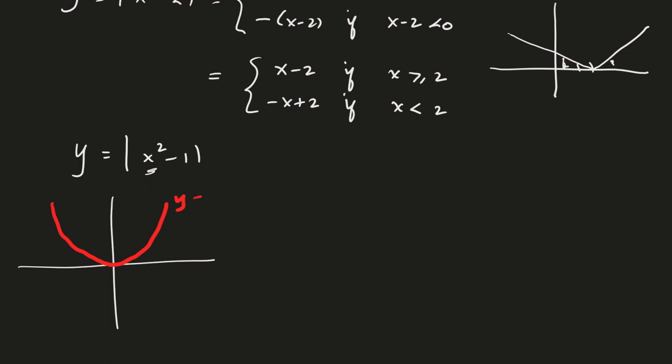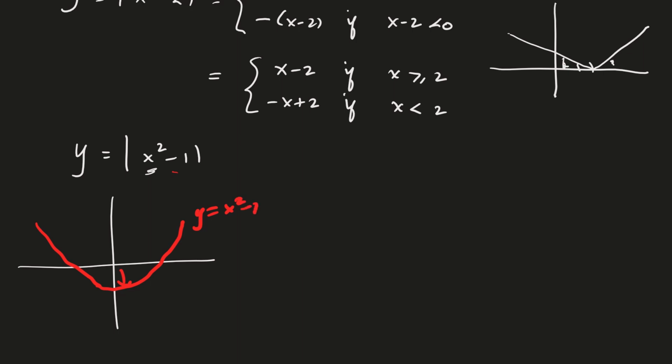So this is y equals x squared. And then what happens when we subtract 1 from x squared? That just brings the parabola down 1 unit. Oops, sorry about my drawing. So that's now y equals x squared minus 1.